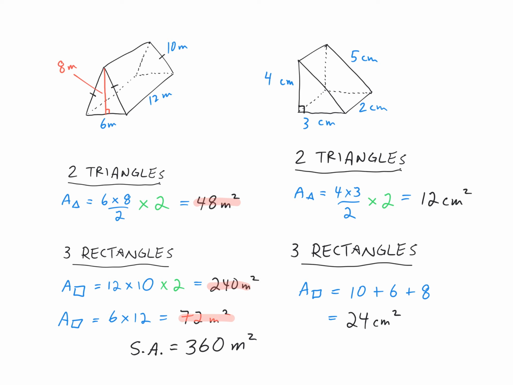And now we're just going to add these up, and we will get a grand total of 36 centimeters squared. So that is our surface area of this prism.